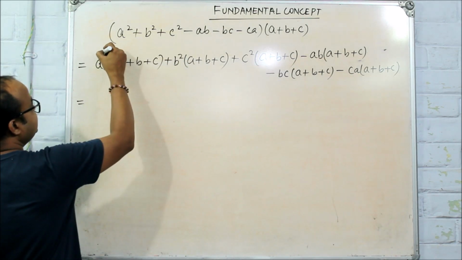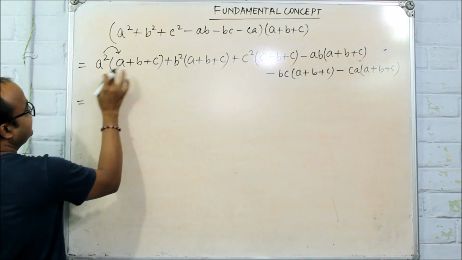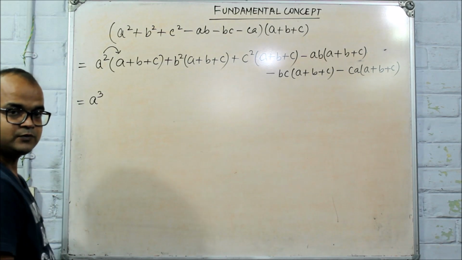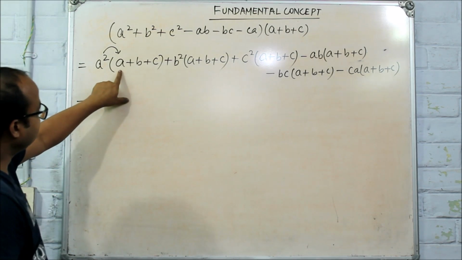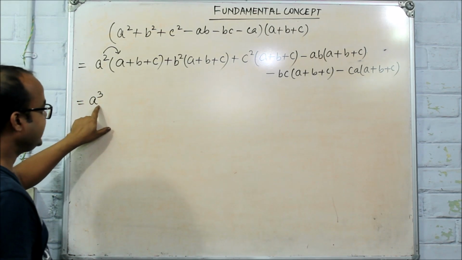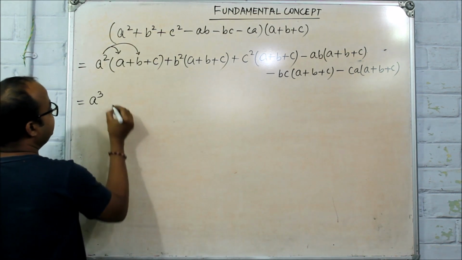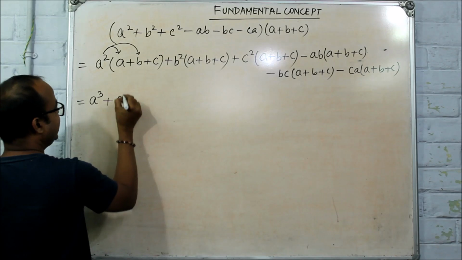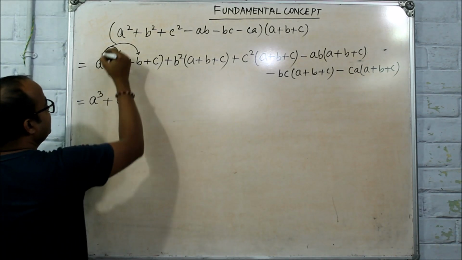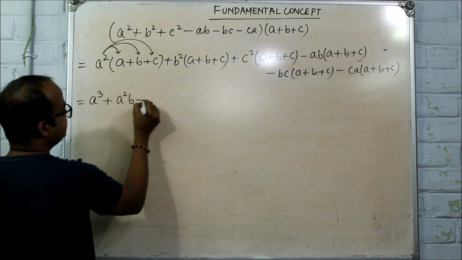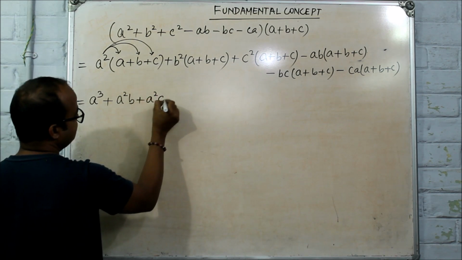So what is the process? a square multiplied by a is equal to a cube. a square multiplied by b is equal to plus a square b. Then a square multiplied by c is equal to a square c.